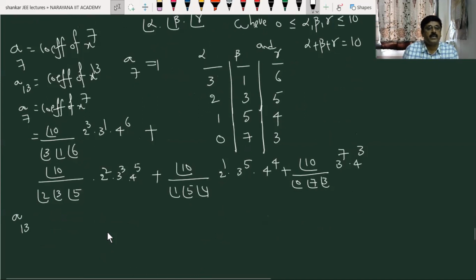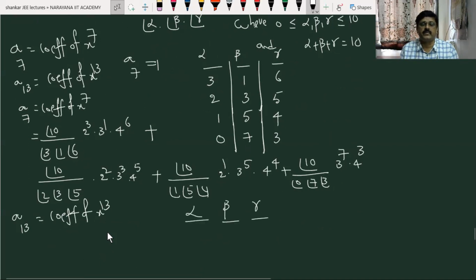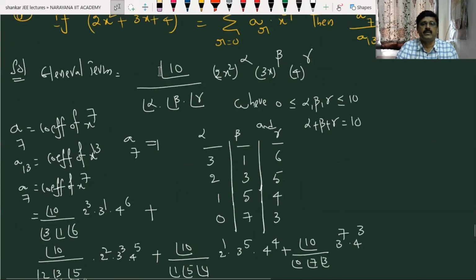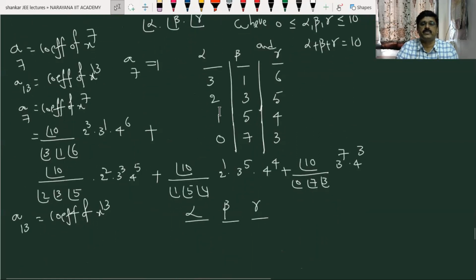Similarly, wait a moment. A13, that is coefficient of x power 13. Previous tabular form is not favorable for my job right now because it was given keeping x power 7 in the mind. Now what I am going to do is alpha, beta, gamma. Same how it comes. Let me have a look. Keep this general term with you students.